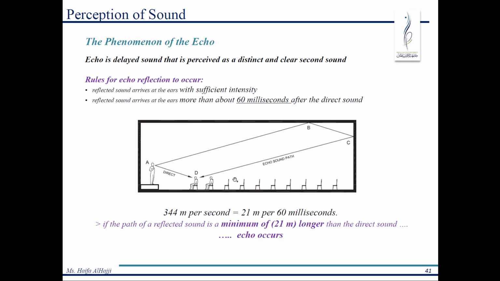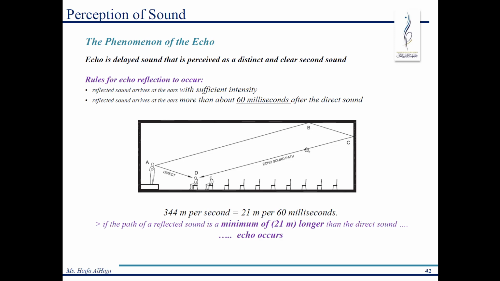Okay, let's make it more tricky. Let's say, for example, the distance in here is 2 meters, and the distance in here is 2 meters, and this one is 10, and this one is 10. So what we are going to do is, the distance of direct sound is 2 meters, and the distance of the echo is 2 and 10 and 10, which is 22.